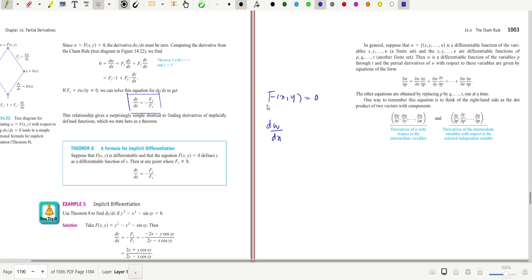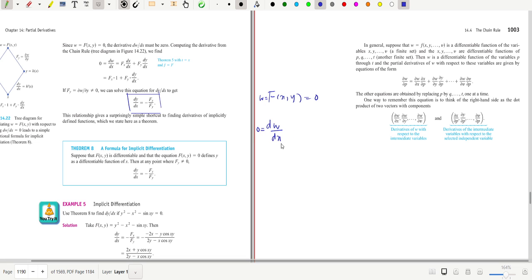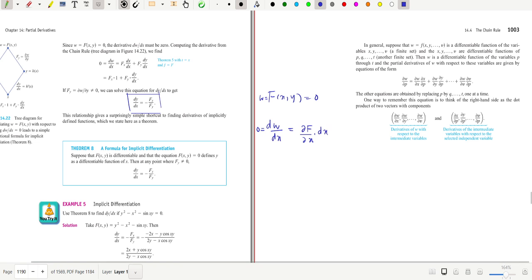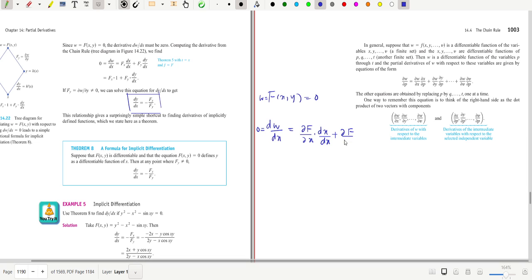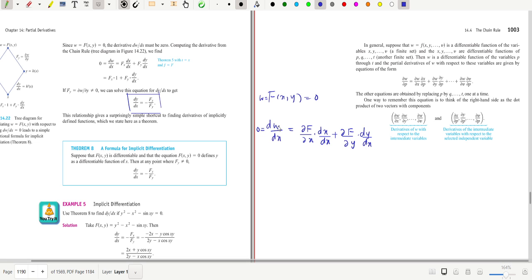Dw by dx, if this is w, we can say that this is also 0. Then how will you find this derivative? This is the partial derivative of f with respect to x multiplied by the derivative of x, plus the partial derivative of f with respect to y times the derivative of y with respect to x, in order to find dw by dx.